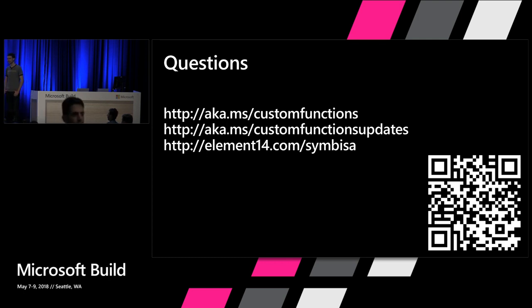OK, so the question, which I love, is whether the unattended use case that I talked about is the holy grail for custom functions. That depends on your exact use case, what the holy grail is. But to explain what it does, essentially, once you deploy that function and add it to the spreadsheet, if the user has permissions to use the function, then it's going to run without anyone looking at the spreadsheet.